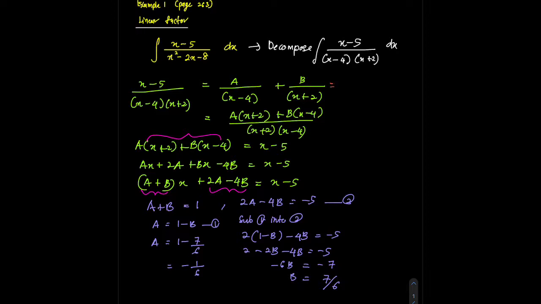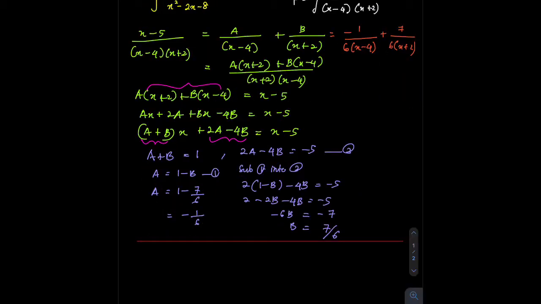So we can put the 6 in the denominator: negative 1 over 6(x minus 4), plus B, which is 7 over 6(x plus 2).